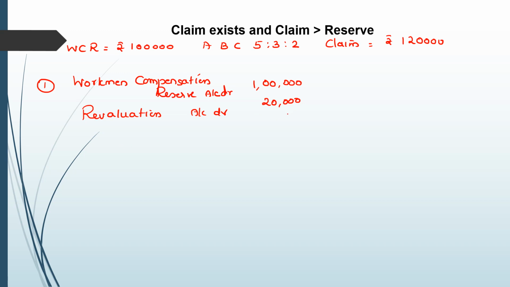The deficiency, whatever is there, is debited to revaluation account because it is a loss, and you would credit the Workmen Compensation Claim account with the total amount that is required, that is 1,20,000.